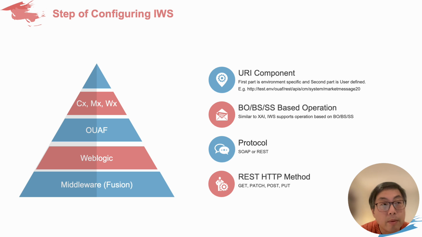Now, once a call comes into IWS, when IWS is triggered, a service at the backend is kicked off. Either it's a business object, or a business service, or a service script. And that is the same as how XAI works. They could trigger some actions, and they can directly create a BO, for example.